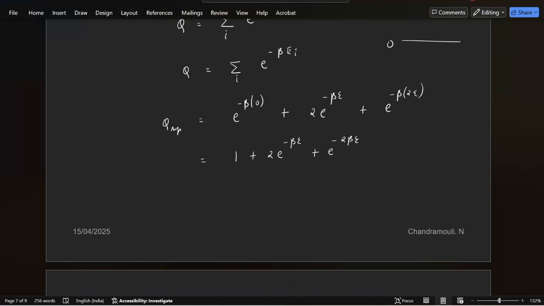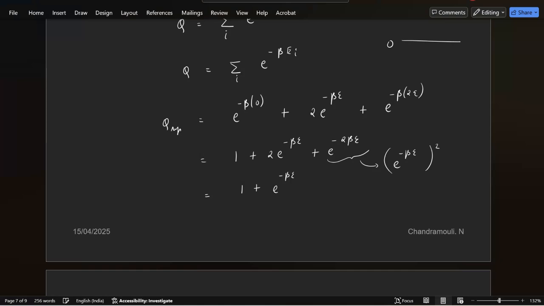Okay. So this one actually is like a quadratic formula. I'll just write it. See, this one can also be written like this: (1 plus e to the minus beta epsilon) whole square. Anyway, this is going to get multiplied, right? So it's like a quadratic formula.